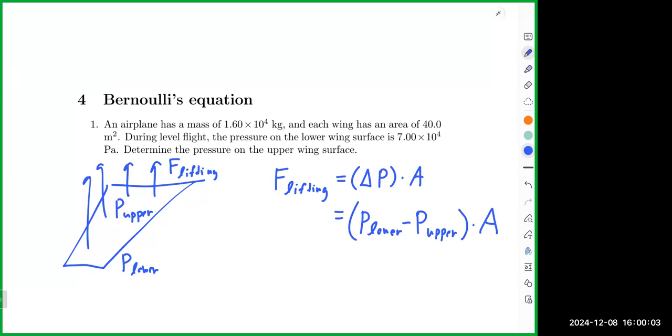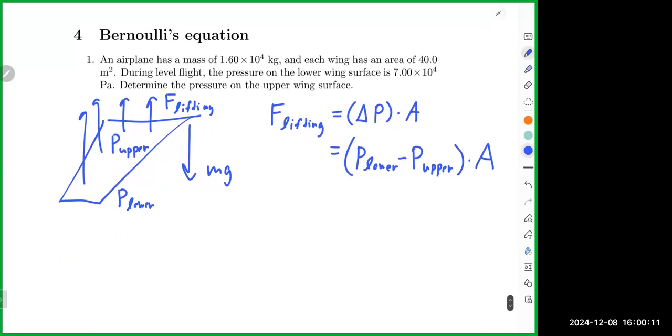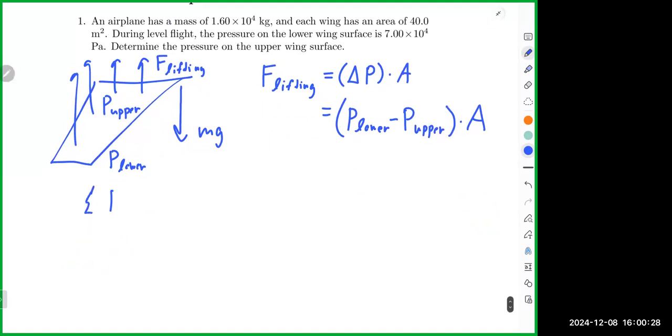However, the plane has mass, so weight mg. Then, if the plane is moving smoothly, there is no acceleration in the vertical axis, which means that the summation of the force in the vertical must be 0.